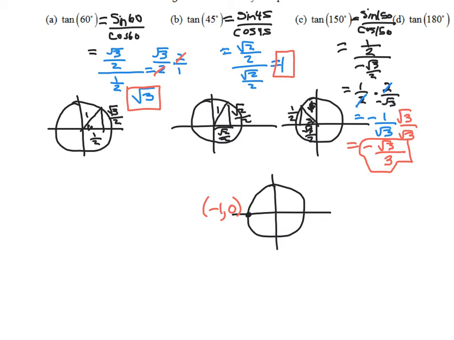So for the tangent of 180, we're going to have to say the sine of 180, 0, over the cosine of 180, negative 1, but 0 divided by any other number is equal to 0, so the tangent of 180 is equal to 0. So we can evaluate any tangent of any angle, whether it's an angle given to me in degrees or in radians, by evaluating the sine divided by the cosine of that angle.